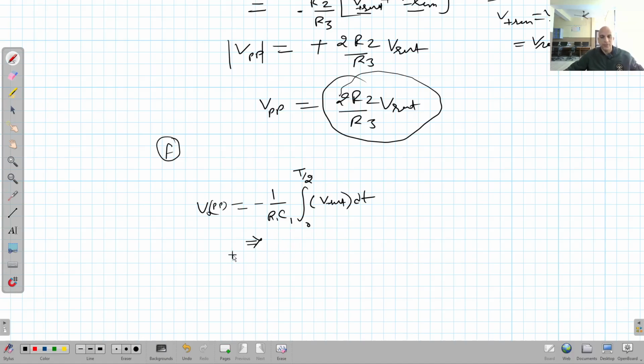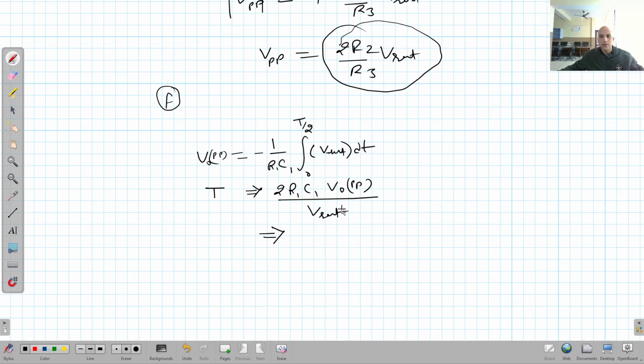Then after simplification, you will get T is equal to 2 R1 C1 V output peak to peak divided by V saturation. It was negative V saturation, so negative V saturation is equal to V saturation. So this T is equal to this.